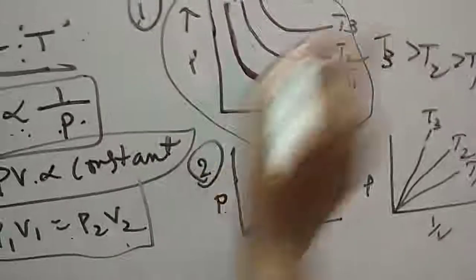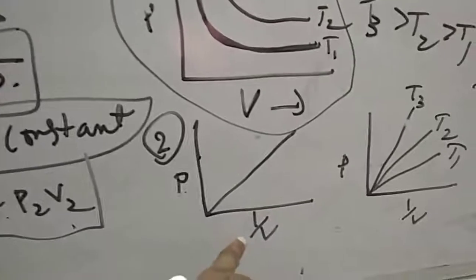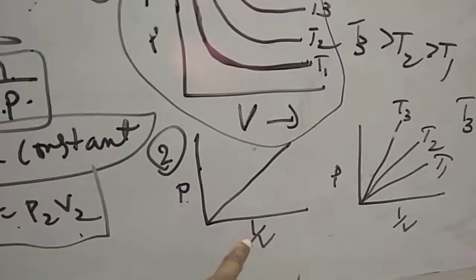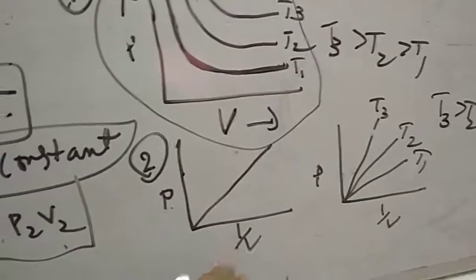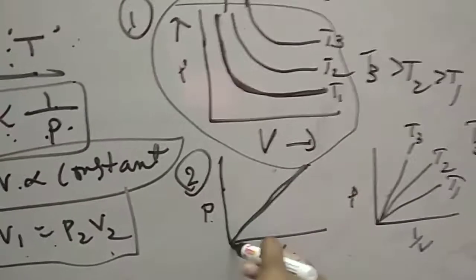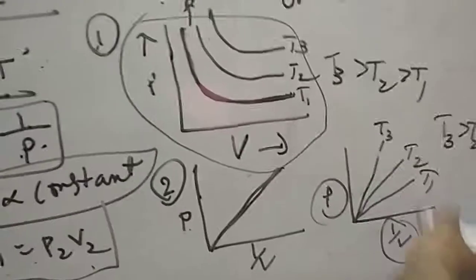This is the first graph and this is the second graph. P is inversely proportional to V. While talking inversely, we have to take V. While talking directly, we have to take 1 by V. Now P is directly proportional to 1 by V. That's why a straight line passing through the origin, the P and 1 by V graph at different temperatures.